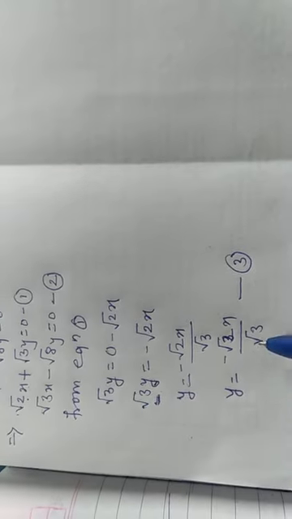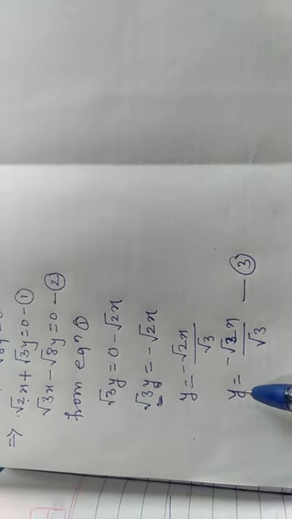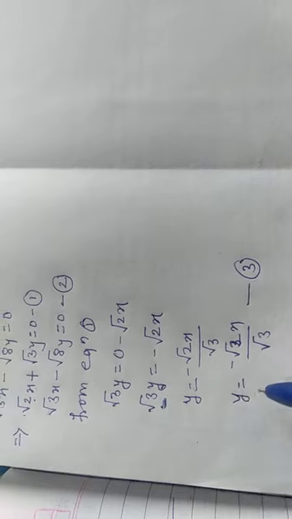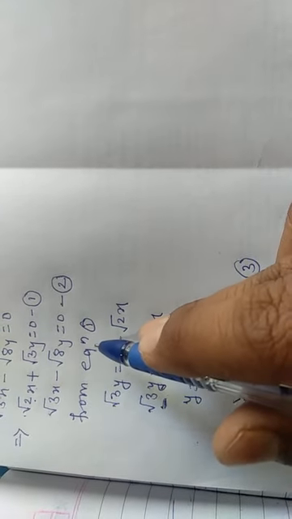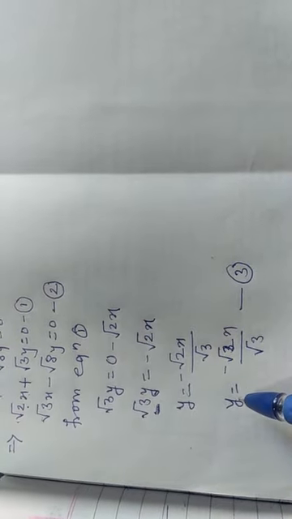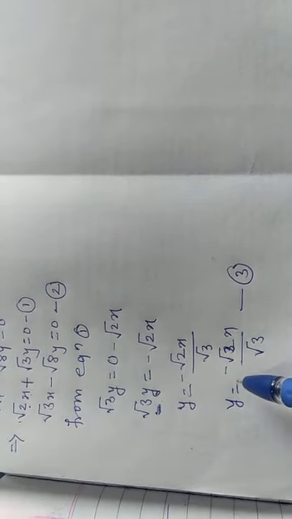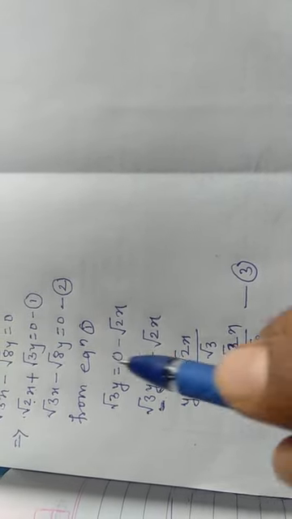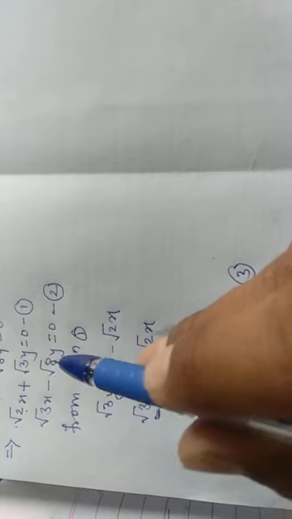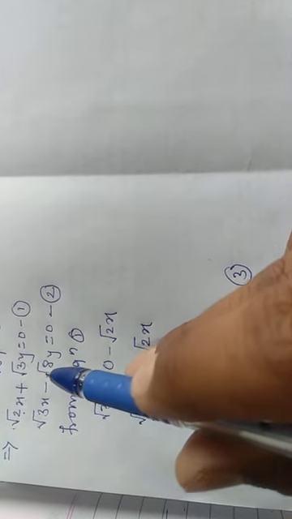So now what we will do, this value of y we have solved from equation number first. I have solved this using equation number first. So what I will do, I will substitute this value in term of equation number second, and that is nothing but the substitution method.